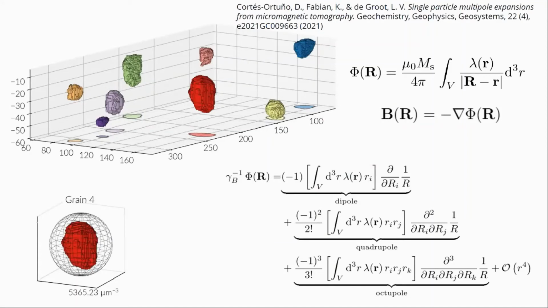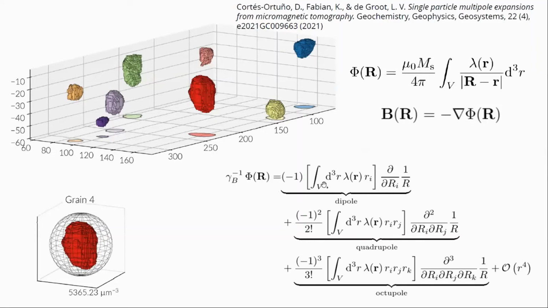But we know that larger grains have more complex internal configurations, and to look into that, we need to consider higher order terms in the magnetic potential, which is written on the top right. When we expand this, I'm not going into detail, but we have different terms in the magnetic moments: the dipole moments, quadrupole moments, octupole moments.